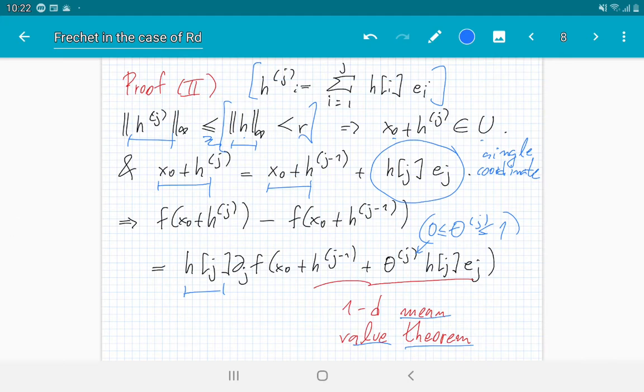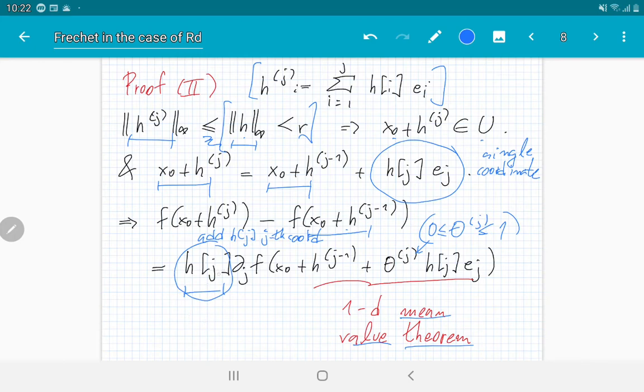So, of course, I'm not computing at a and b, I'm computing at a point, and then I add h_j to the jth coordinate. So the difference is h_j.